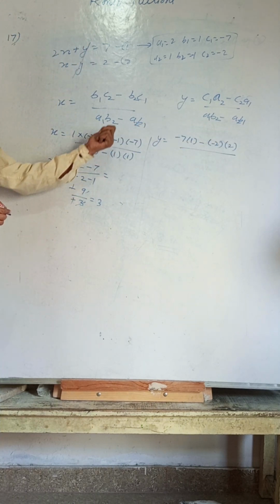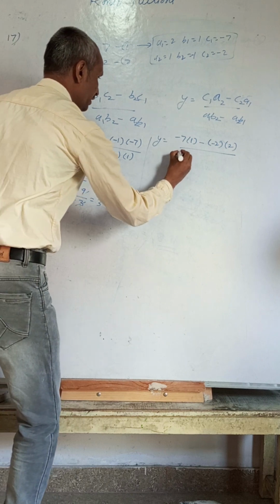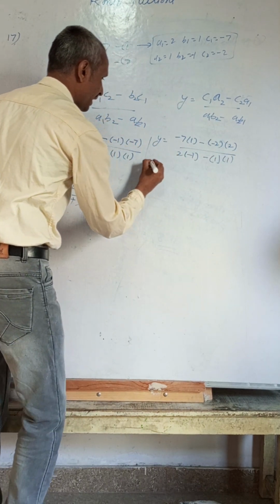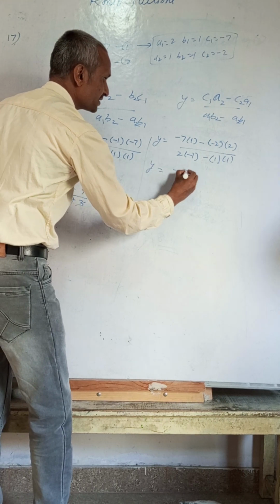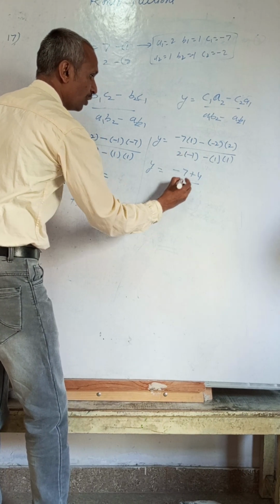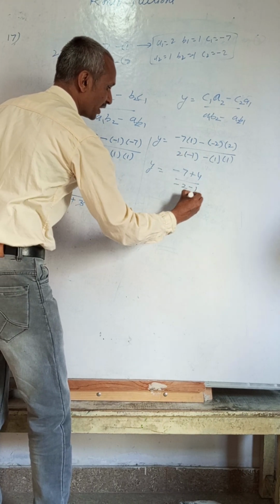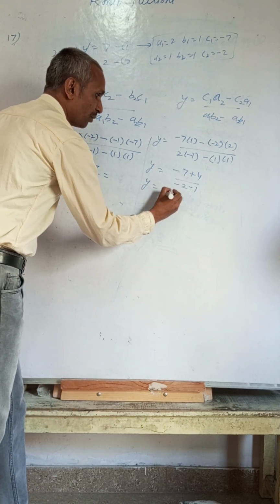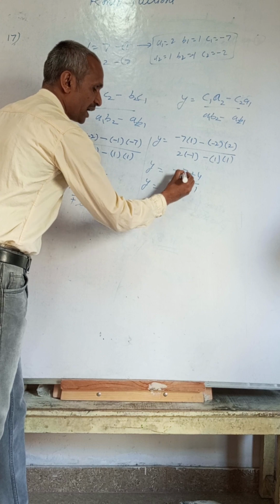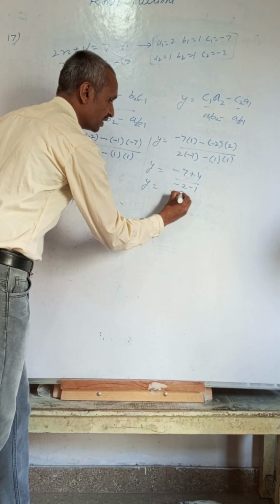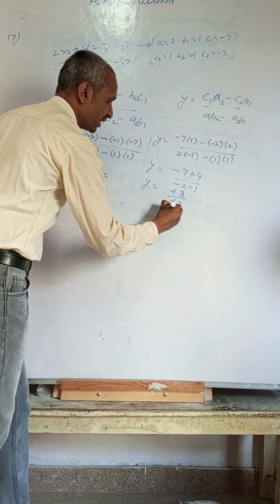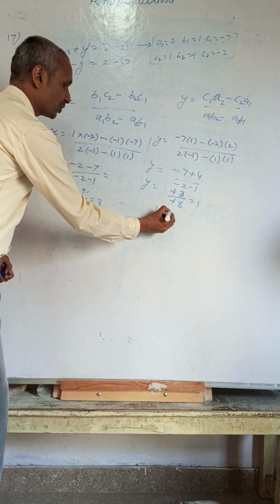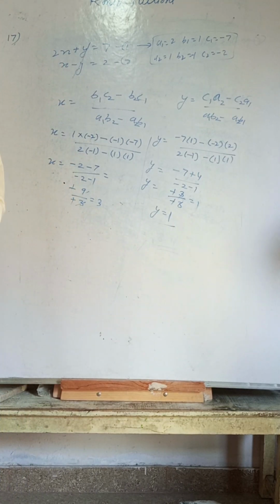The denominator is the same as before, so we can write 2 minus 1 into 1. So y is equal to minus 7 plus 4 by minus 2 minus 1, which is minus 3 by minus 3. Minus cancels, 3 cancels, and y is equal to 1.